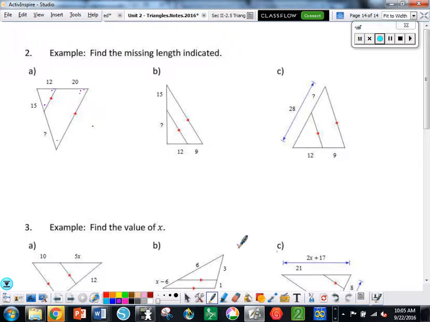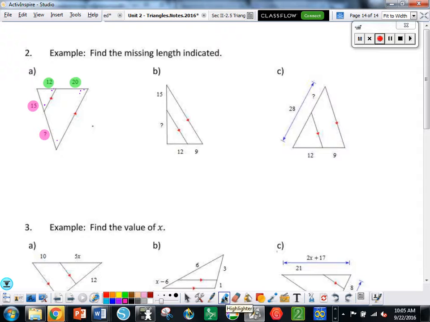Okay, if I were to match up the proportional pieces, the 12 matches with the 15, or the 20, it doesn't matter. 12 and 15 are fine. 12 and 20 are also fine. If I match the 12 and the 20, then the 15 and the x would go together. It could go like this.